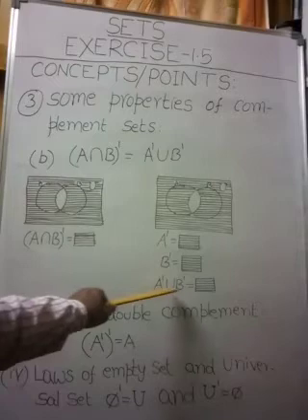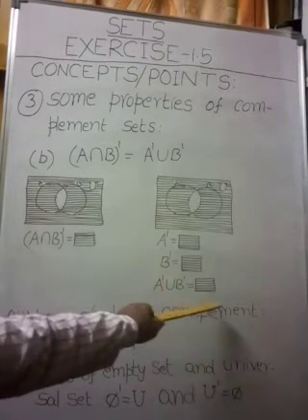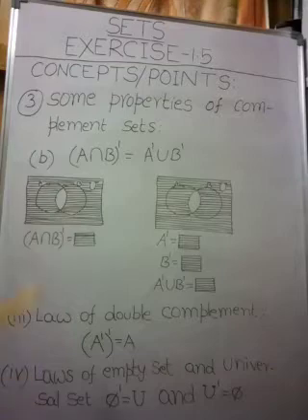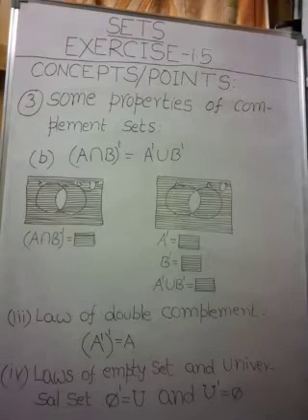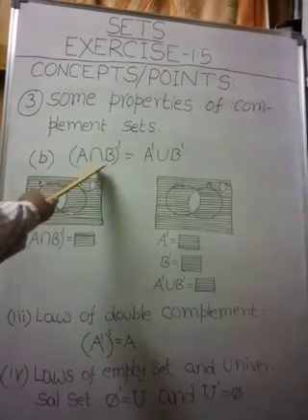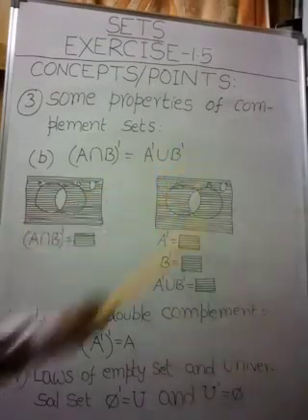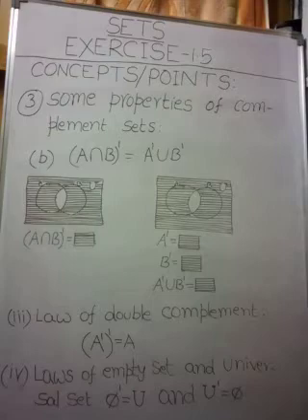Then we get A complement union B complement equal to this horizontal-lines shaded region. If you observe these two Venn diagrams, the shaded portions denote the same. That is why we say that (A intersection B) whole complement is equal to A complement union B complement. This is one of the De Morgan laws.